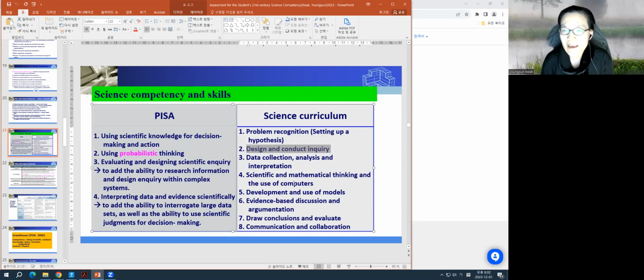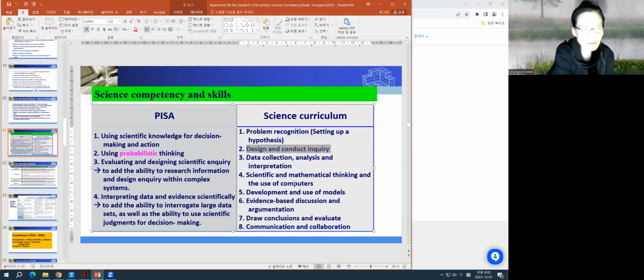That's the way of scientific thinking. And then the next step is draw conclusions and evaluate your claim. The last step is you should collaborate and communicate your findings with others.